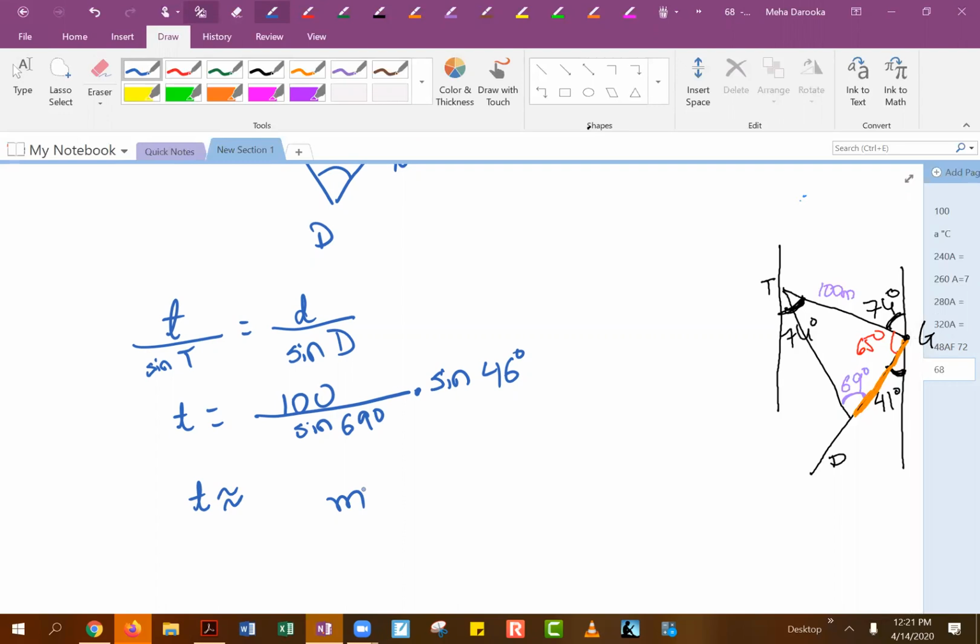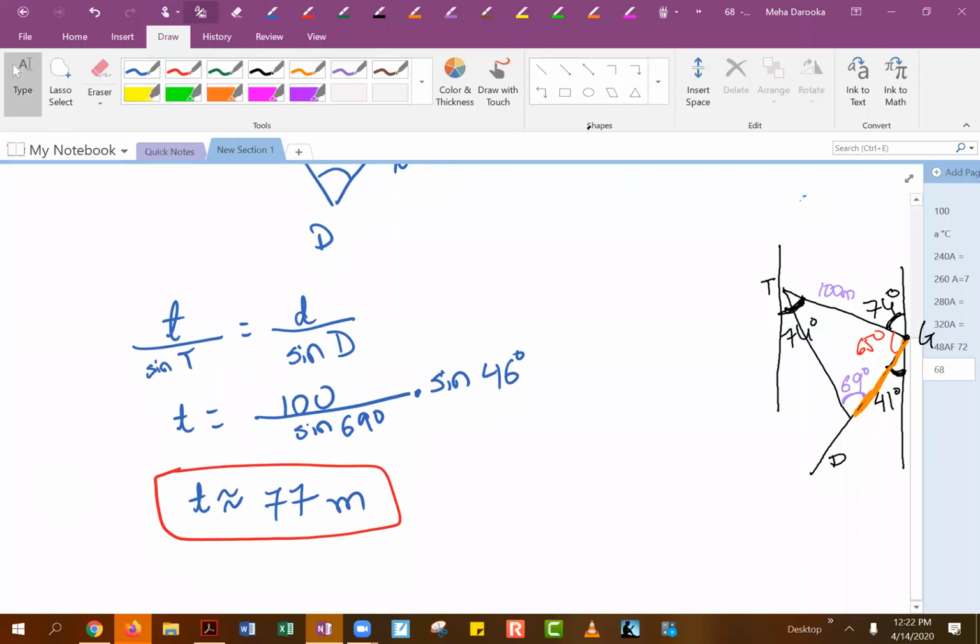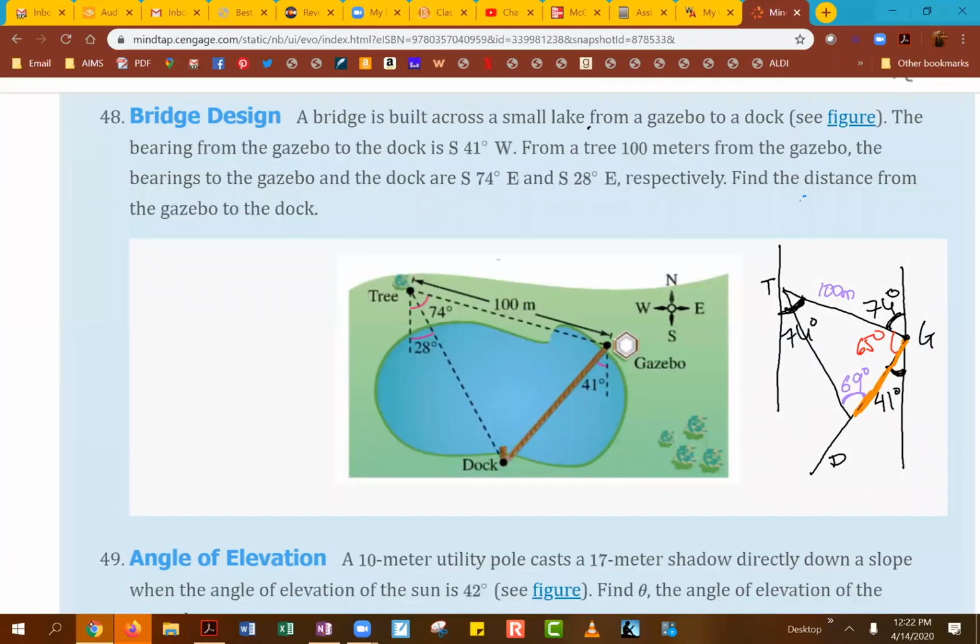I got 77.05. Yeah, 77.05. So you can just round that to 77, and that will be our approximate length of the bridge, right? Mm-hmm. So yeah, very good. 77 meters. All right, nicely done.